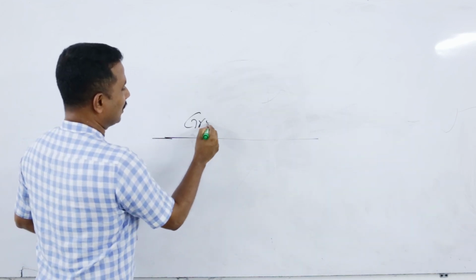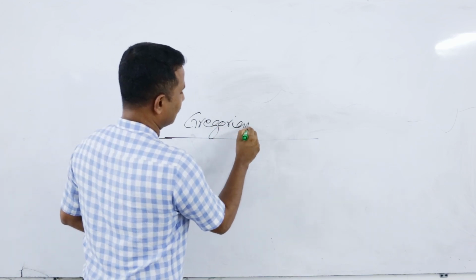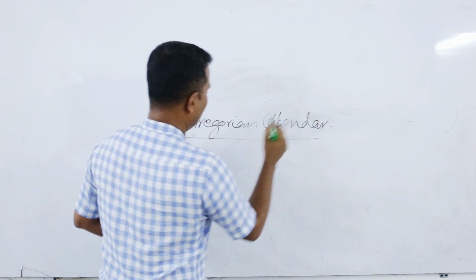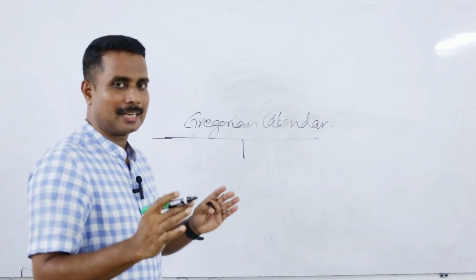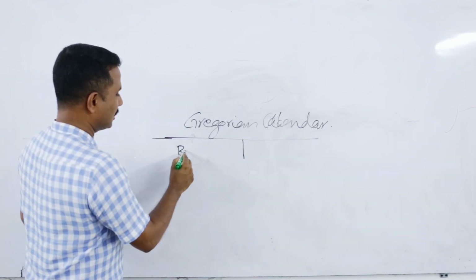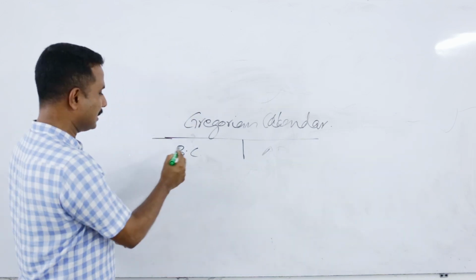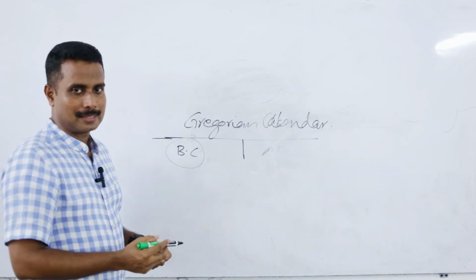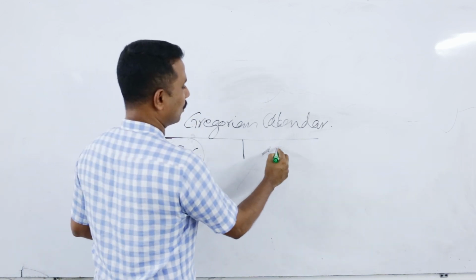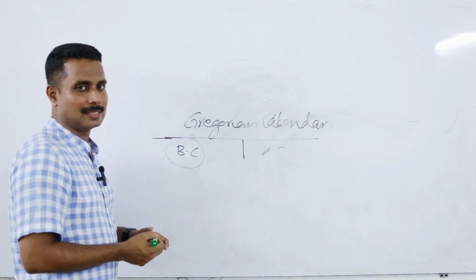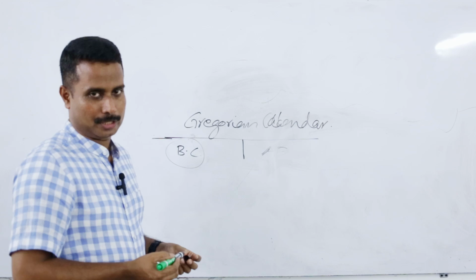So this is a calendar. We follow the Gregorian calendar, in which periodization has been done as BC and AD. BC stands for before Christ and AD stands for Anno Domini, a Latin term which means in the year of the Lord.